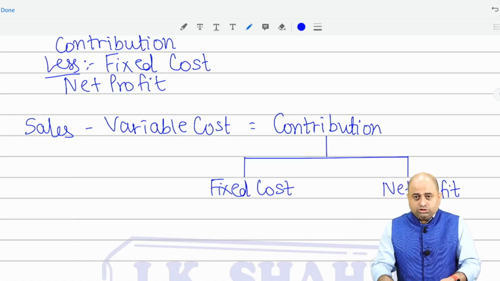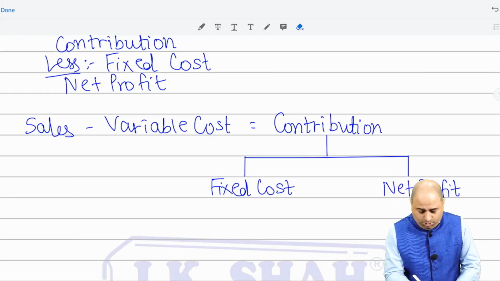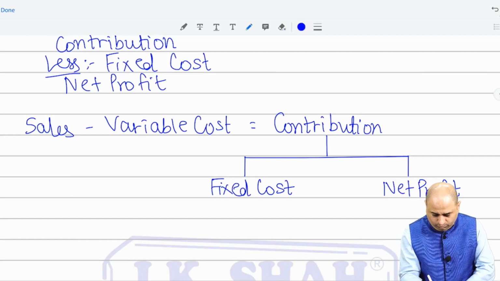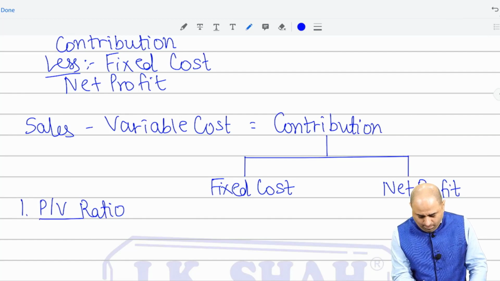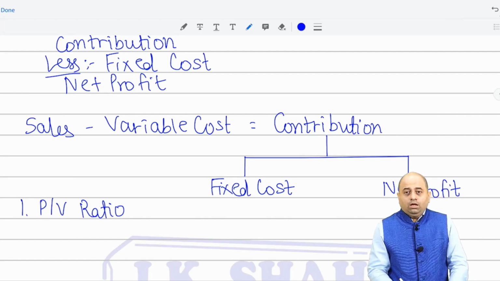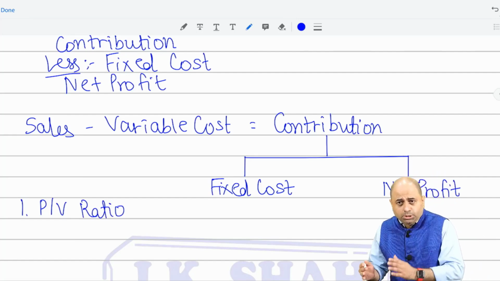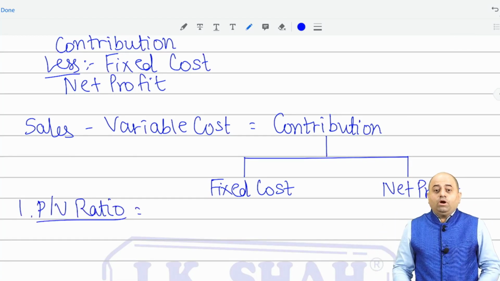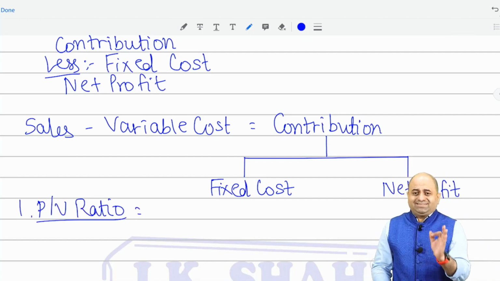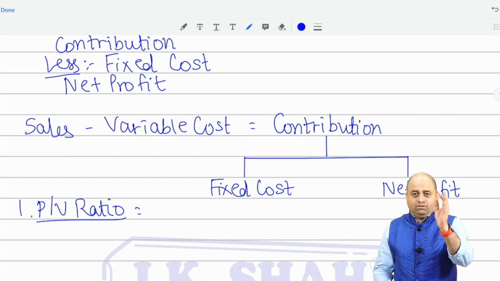First and foremost, PV ratio. We call it PV ratio, it's nothing else but profit volume ratio. What is PV ratio? In simple words, the percentage relation between contribution and sales.